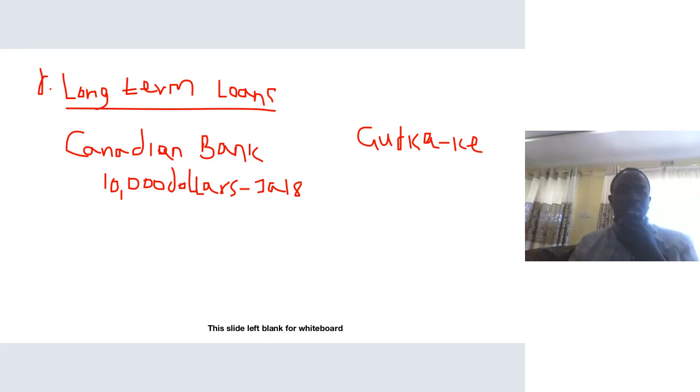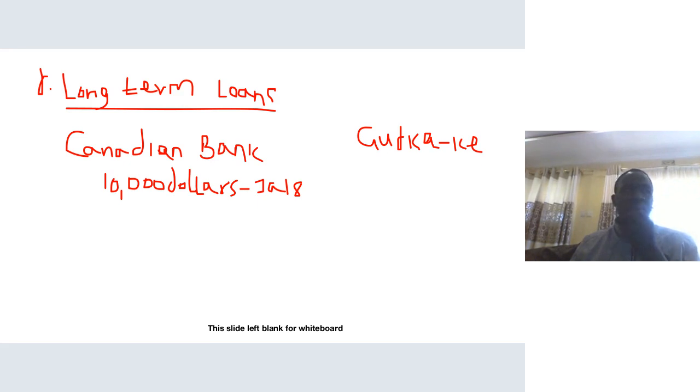So we are told that the proceeds were converted into Kenya shillings and remitted to Kenya. So remember, the loan was acquired on 1st January.